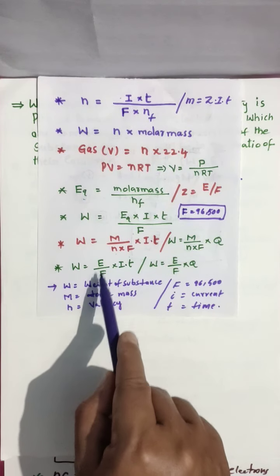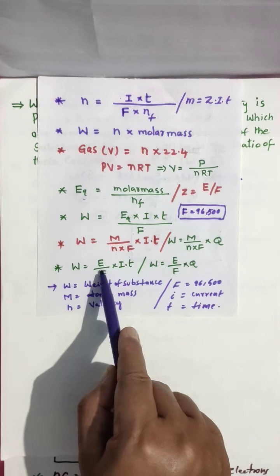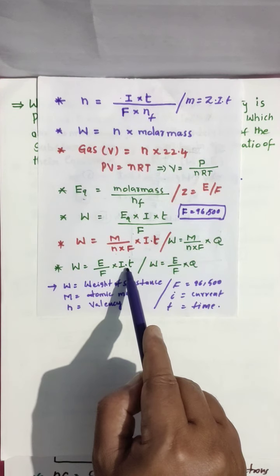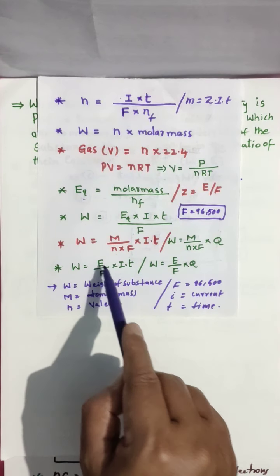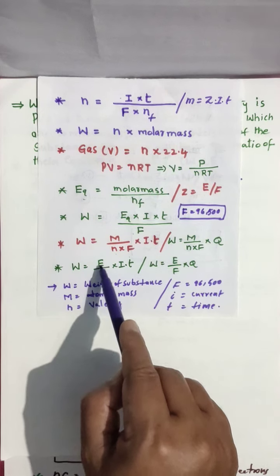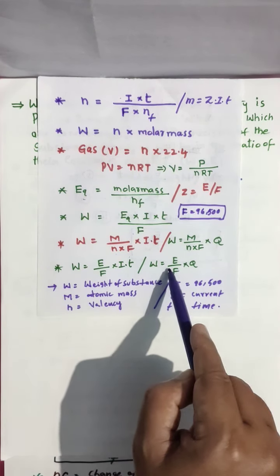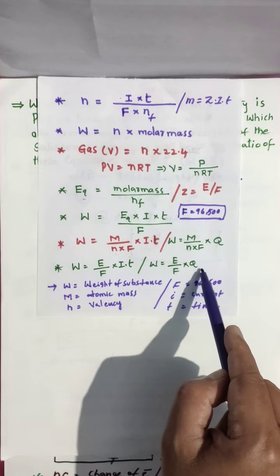W equal to E by F, and E by F is nothing but Z. So W equal to ZIT, that is M equal to ZIT. Substituting Z, E by F into IT, or W equal to E by F into Q.